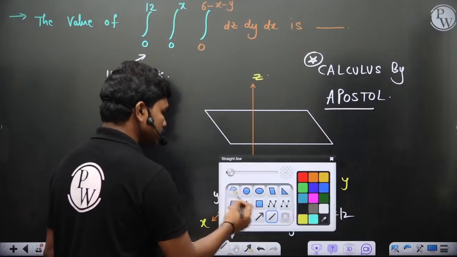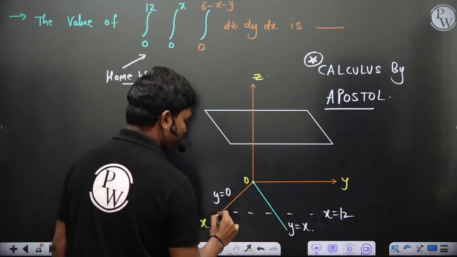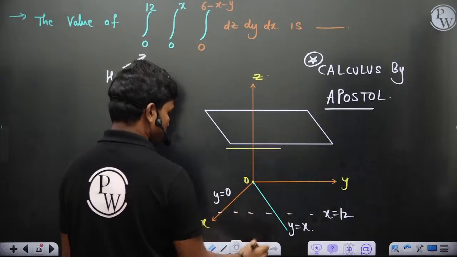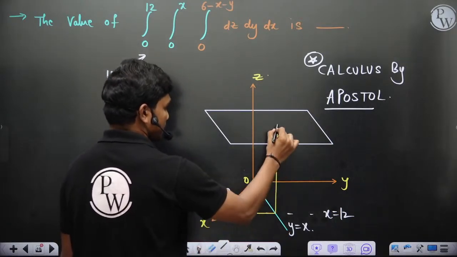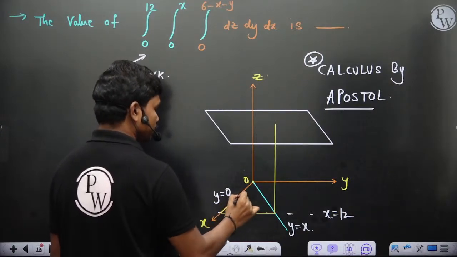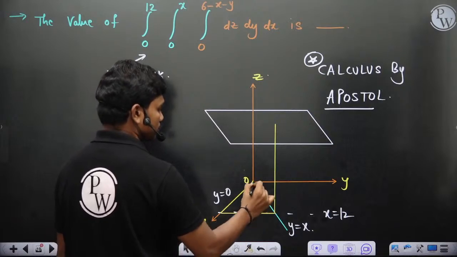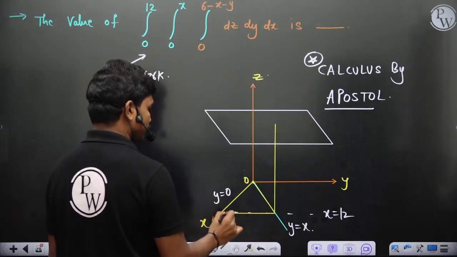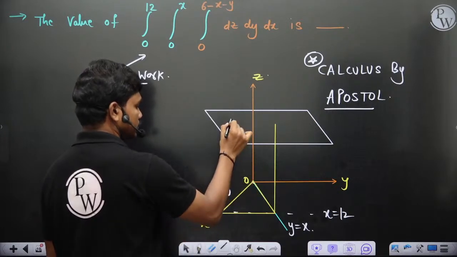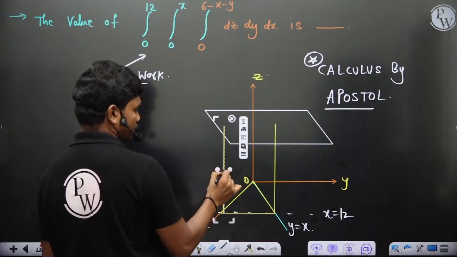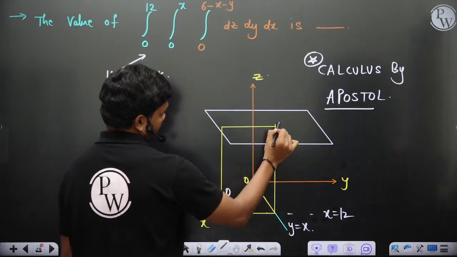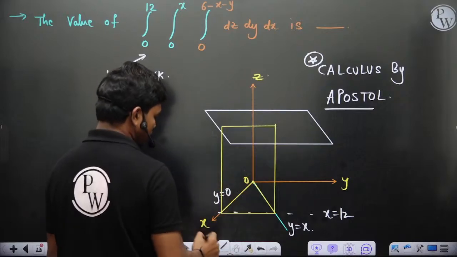And if you construct this prism, something like this, it's the line which is parallel to this.